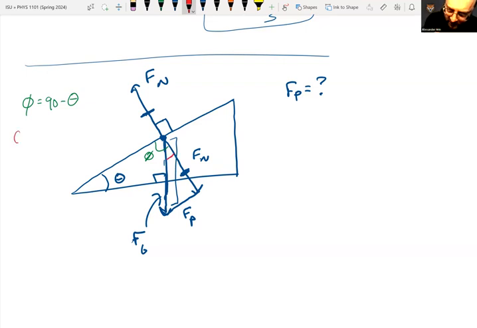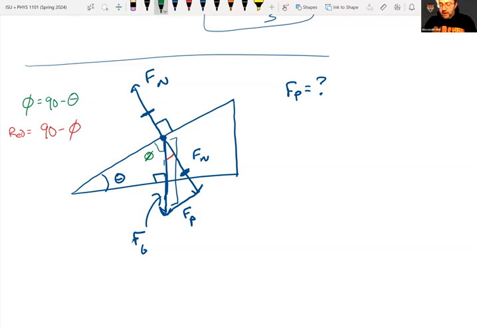Now, the red angle, we'll just call that red. Well, that's actually going to be 90 minus phi. And the reason there is that the green is just that one.